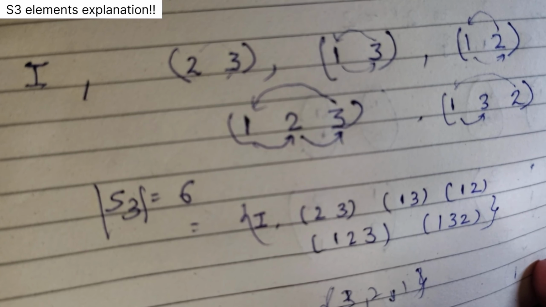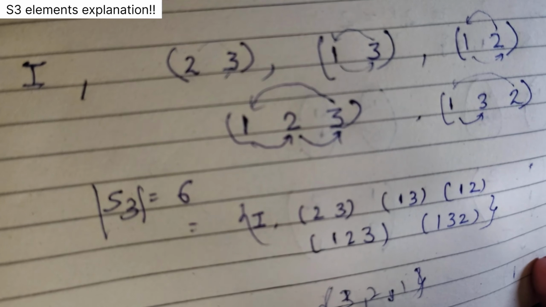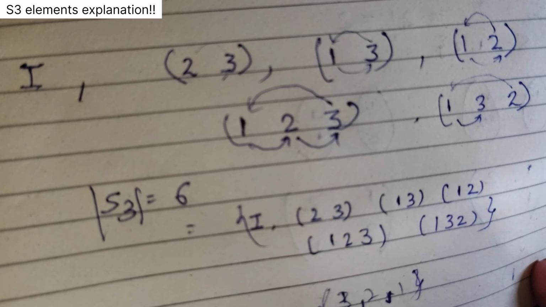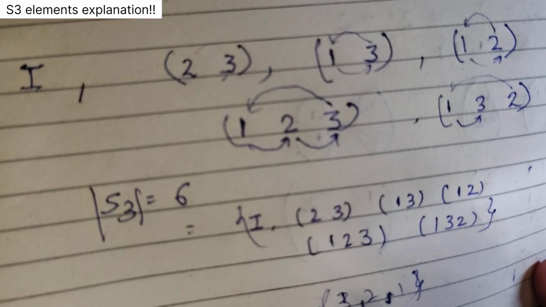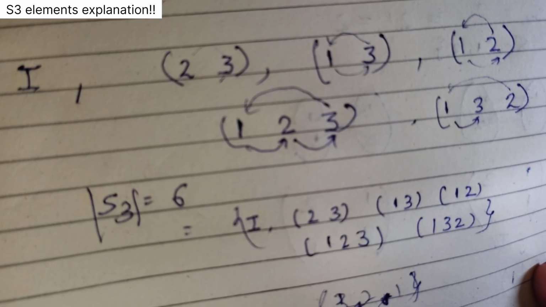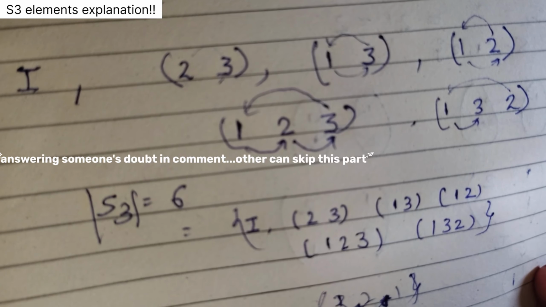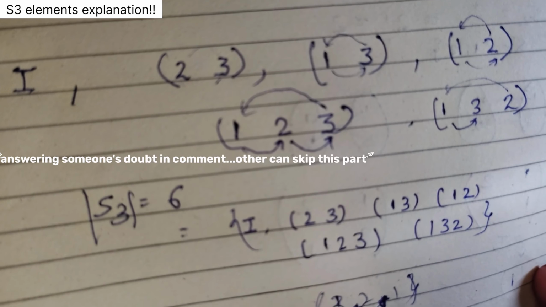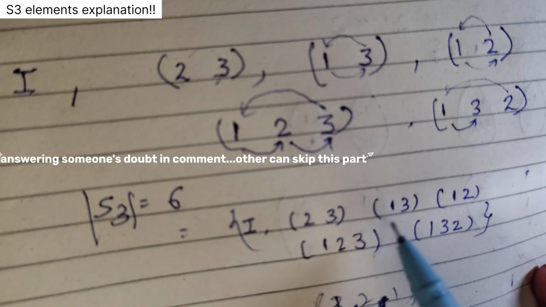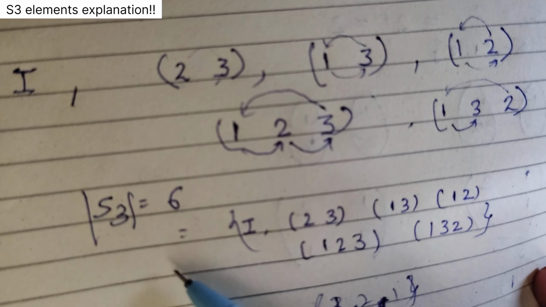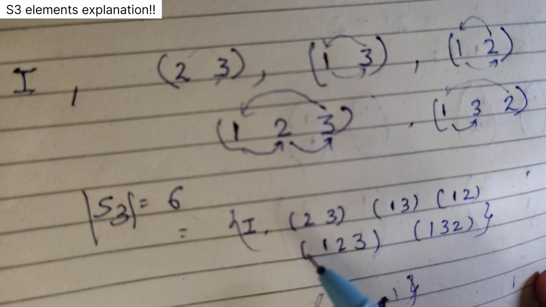Don't add commas in between, because in cyclic notation there is no comma, since it denotes the mapping, not the elements. This is the way you can get the elements of S3, and for S4 and S5 also.